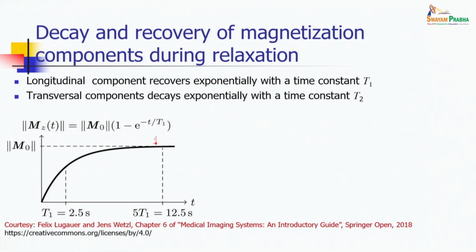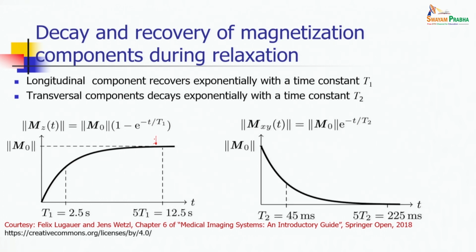Whereas the transversal component, induced because of the excitation, decays, and it has a separate time constant. One is called T1, and this is called T2.